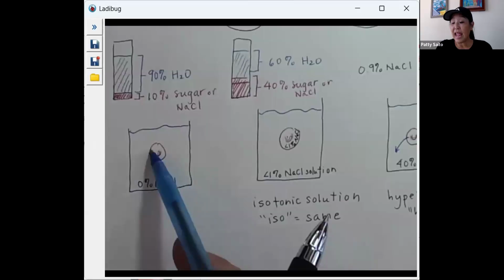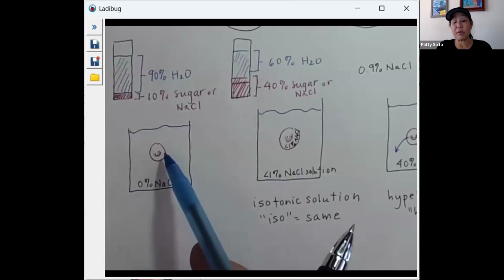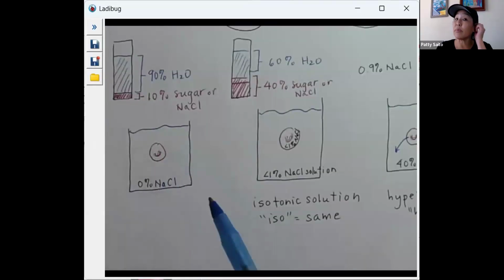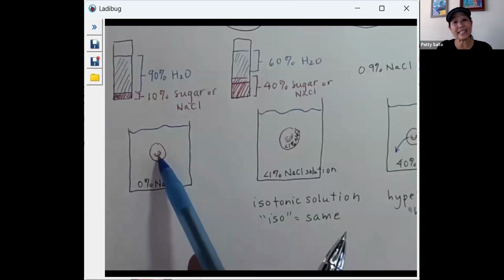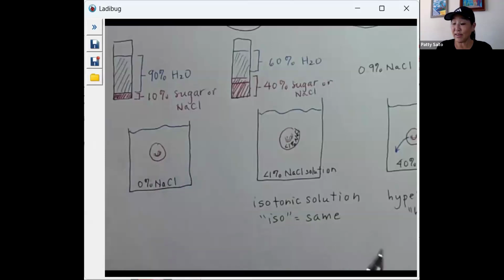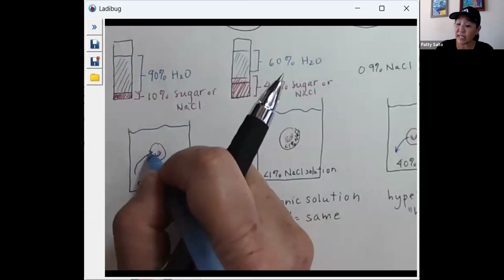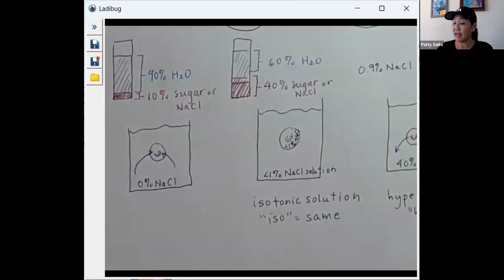And there's our little red blood cell with its less than 1% salt. Where is it more salty? It's more salty inside the cell, right? So it's saltier there, so water flows into the cell.